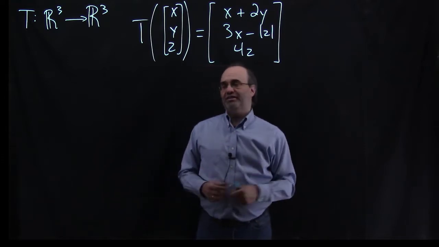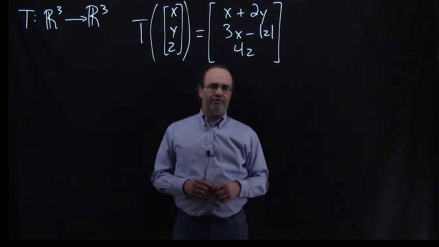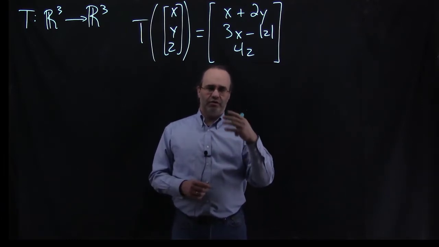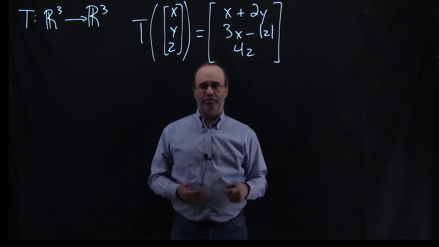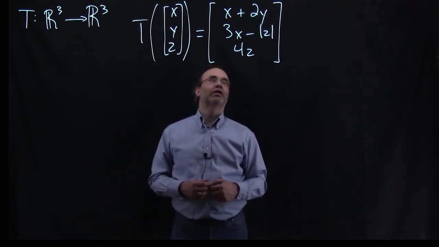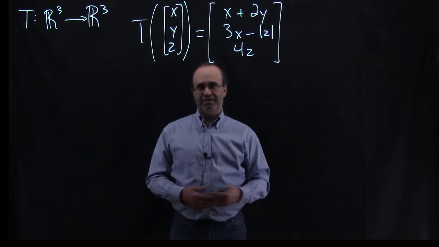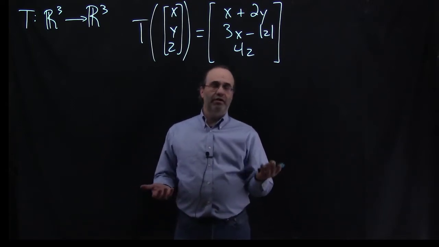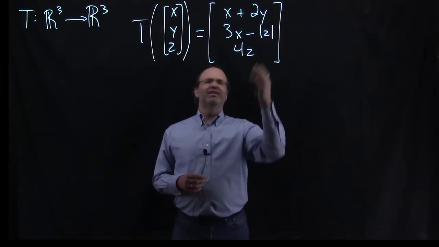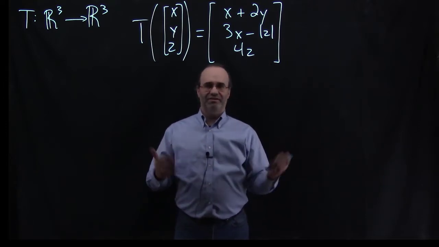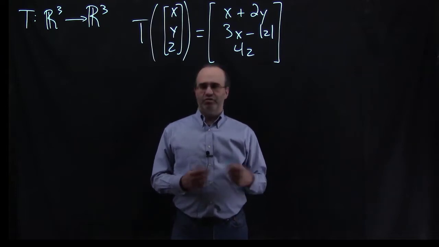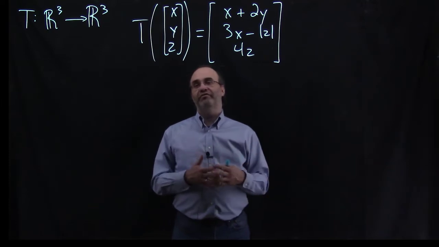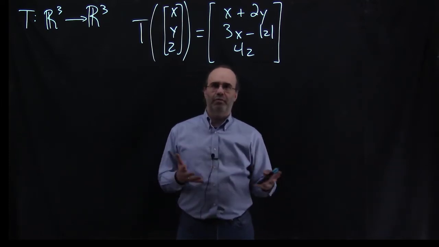To show this, we have to see that at least one of the two axioms in the definition of a linear transformation is not satisfied. It could be that both are not satisfied, or maybe the one about scalar multiplication is satisfied, but not the one about addition. In this case, neither of them is satisfied. Sometimes you can check this in general, but it's enough to give just one counterexample.